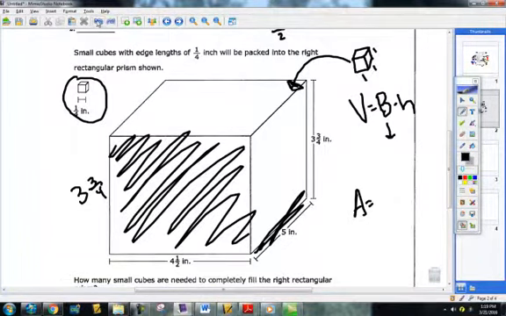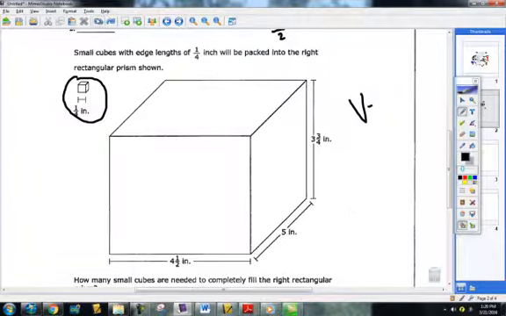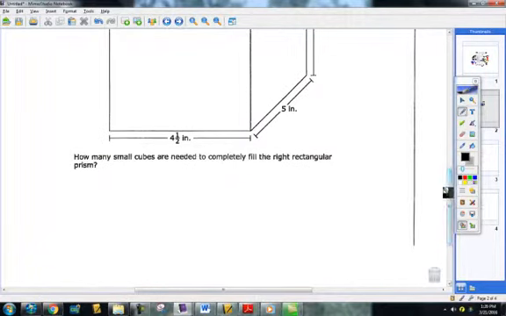So, the big mistake here is a lot of students want to just give me that answer, 3 3/4 times 4.5 times 5, and they get some answer. But that's not correct because of this key. Because it wants to know how many of these would fit in there. You've got to know how many of these there would be.